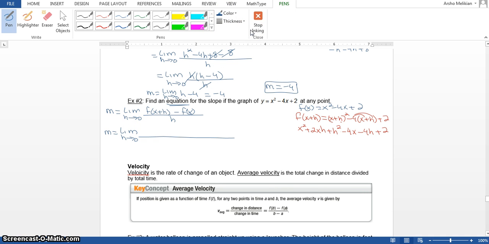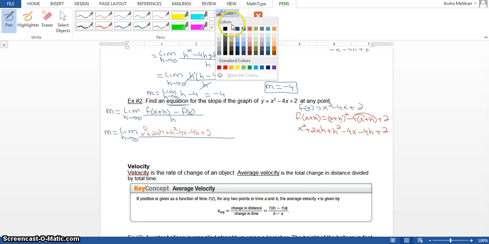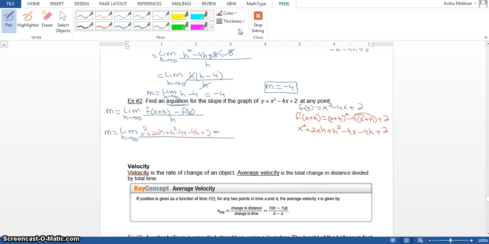It's this long string right here. So I'm going to insert that in here. X squared plus 2xh plus h squared minus 4x minus 4h plus 2. Now minus f of x. And we know what f of x is. So minus in parentheses f of x, x squared minus 4x plus 2 over h.